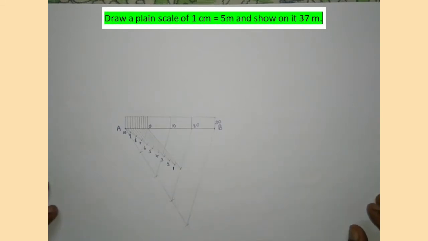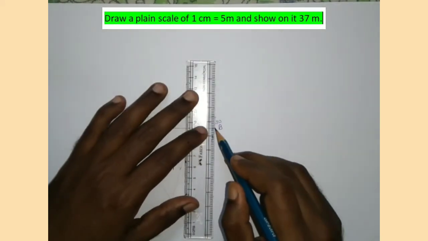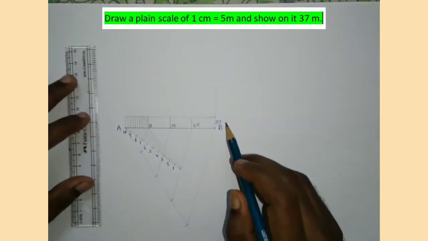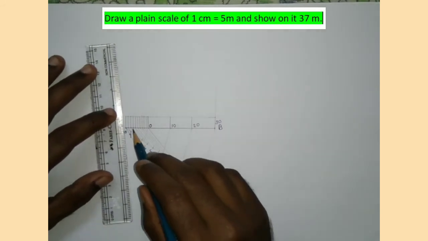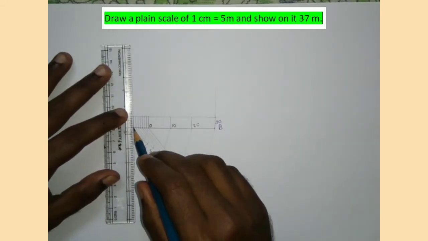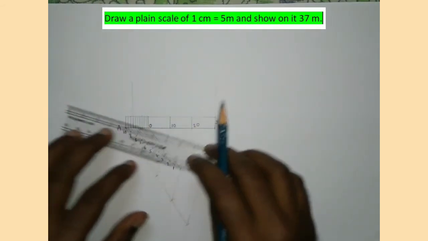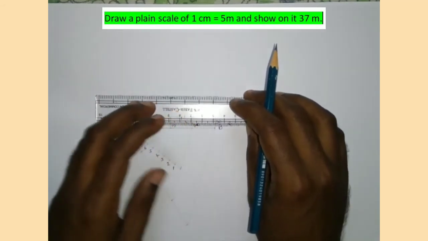Therefore total 37 meter. I am drawing a projection line from 30 meter, and now I am drawing another projection line from 7 meter. And therefore the total length is 30 plus 7, that is 37 meter.